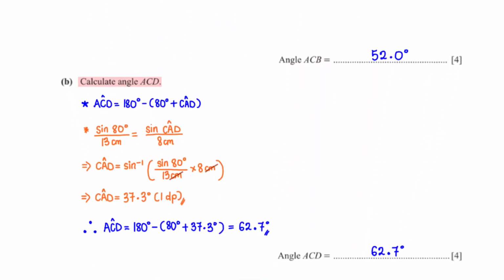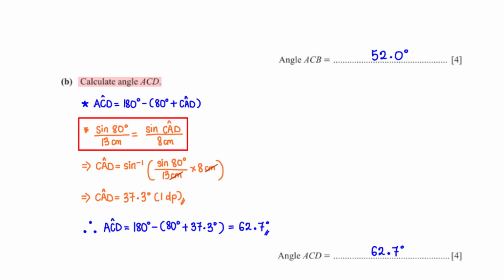Calculate angle ACD. Based on the sides and angle given for triangle ACD, we can't find angle ACD directly from the sine rule, but we'll be able to get angle CAD. This means angle ACD would be equal to 180 degrees minus 80 degrees plus angle CAD. When we apply the sine rule to triangle ACD, this is what we have.